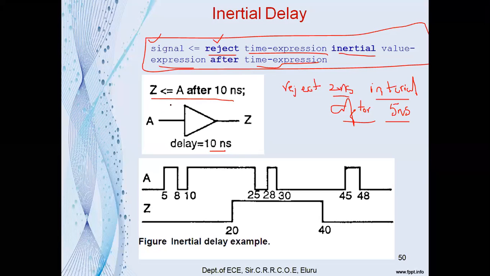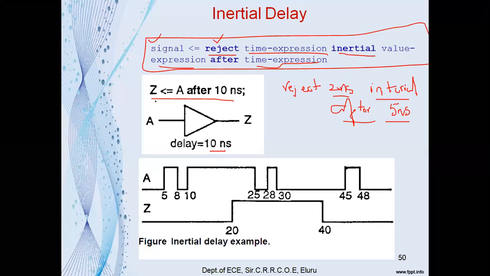Where if you see the statement here, the Z is assigned with the A after the 10 nanoseconds. So here the inertial delay of the circuit itself is 10 nanoseconds, and you are giving the same time expression for the assignment statement.